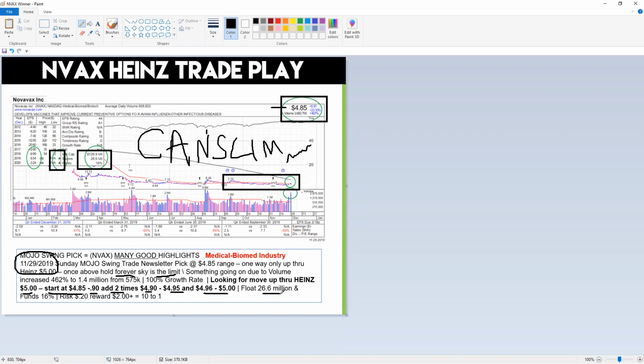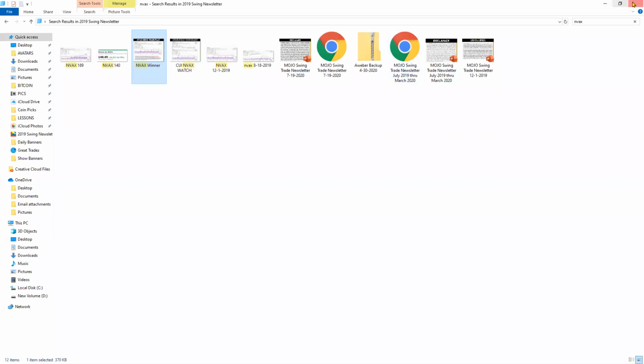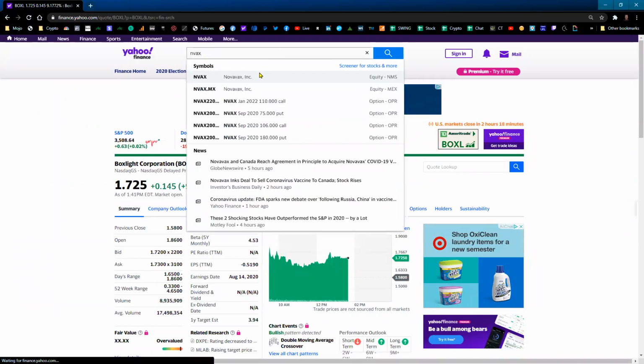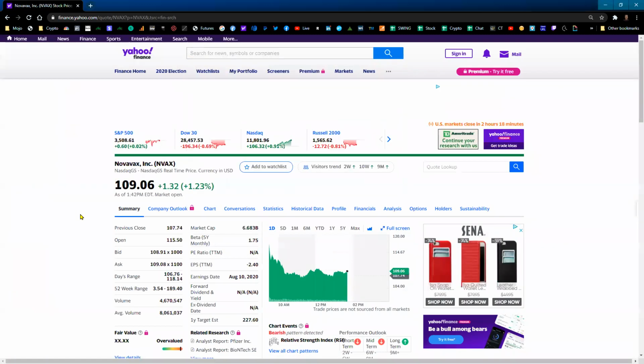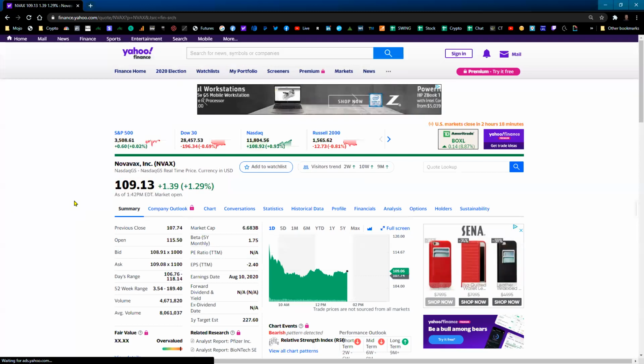Float 26 million. You know what NVAX is right now? NVAX from 485. See, that's why you don't know where they go. You got to hold them. It's $109 per share. Last week, it was $140 per share. Still in rail grind.